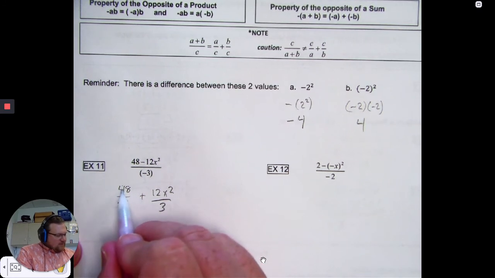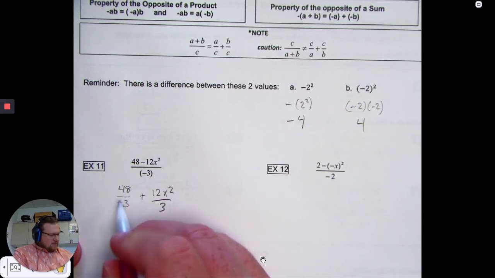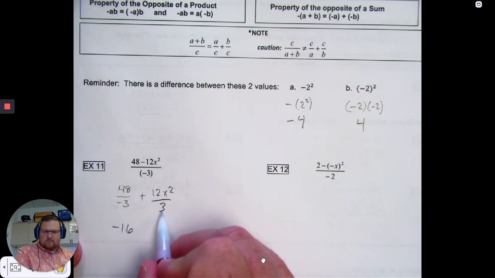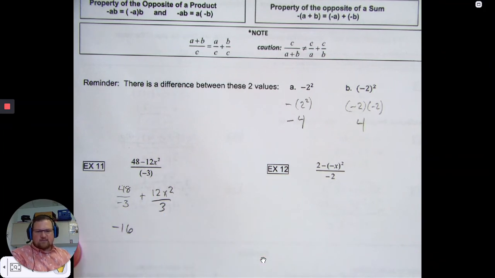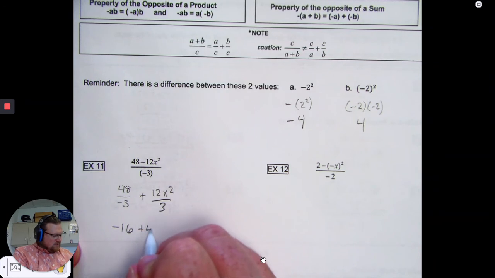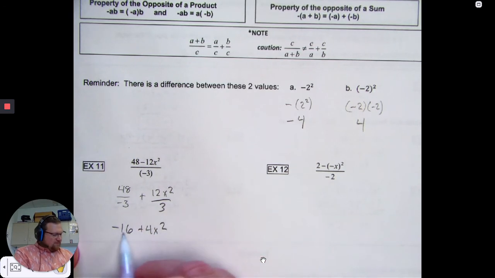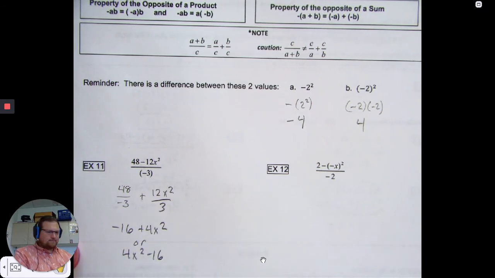So if we have 48 divided by a negative 3, that's going to give us a negative 16. And then if we have 12 divided by 3, that's going to give us a positive 4. So this is going to be plus 4x squared. Or if you don't want to leave it in that order because it's not as pretty, you can write it as 4x squared minus 16.